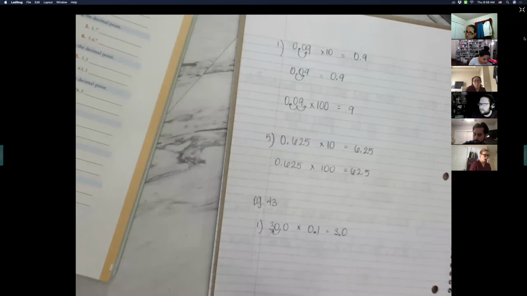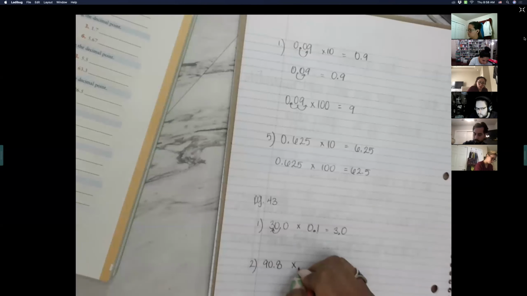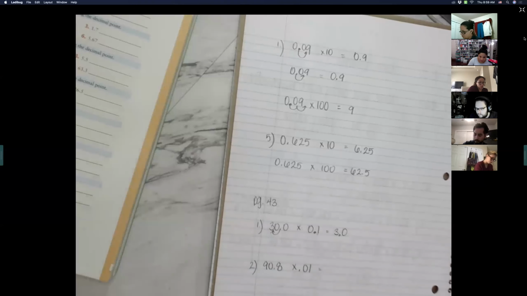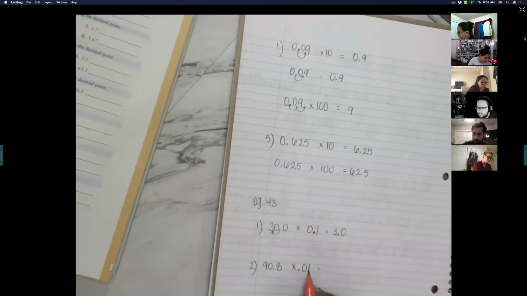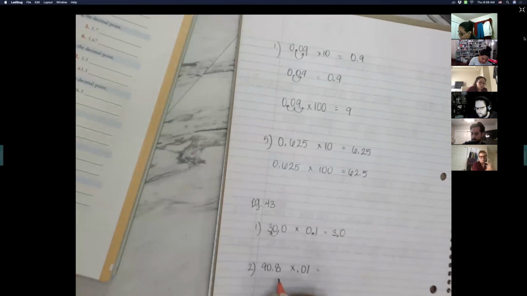Okay, so now let's do from the next section, number 2, it's 90.8 times 0.01. So here, we're 2 places to the right of the decimal. So we move our decimal place where? 2 times, or two to the left. Exactly. So we move it 2 to the left.